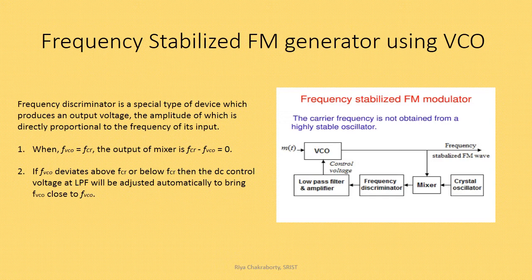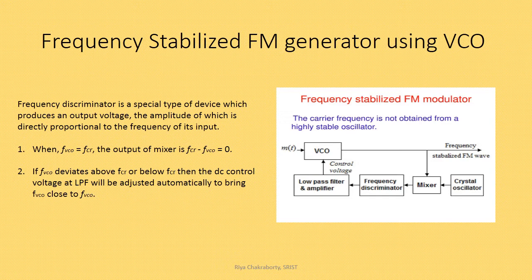At the mixer output, we get the following four frequency components: number 1, FCR; number 2, FVCO; number 3, FCR plus FVCO; and number 4, FCR minus FVCO.